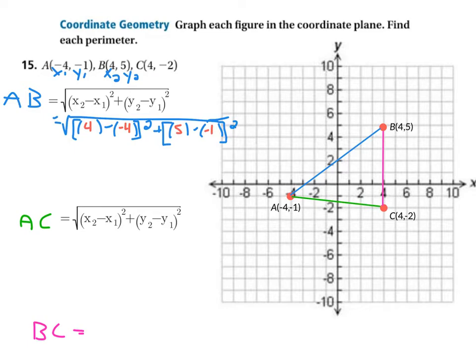and that squared. What we get is the square root of 4 minus negative 4, which is 8, so 8 squared, plus 5 minus negative 1, which is 6, so 6 squared. So we get the square root of 64 plus 36, which equals the square root of 100.